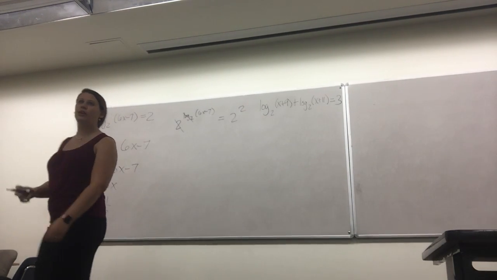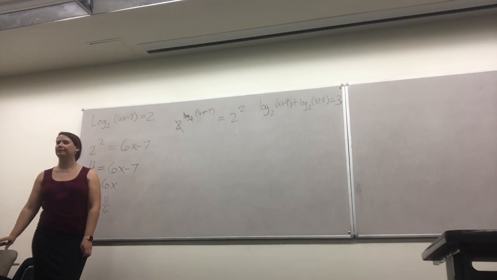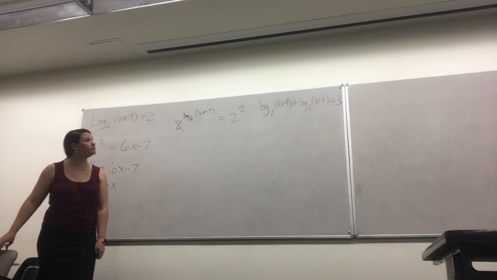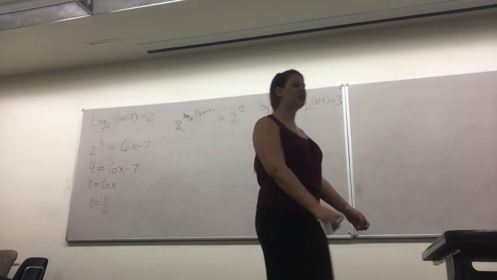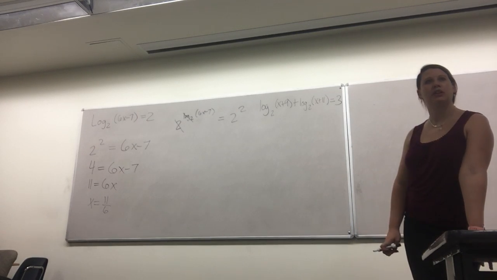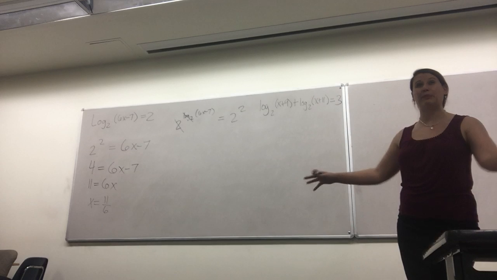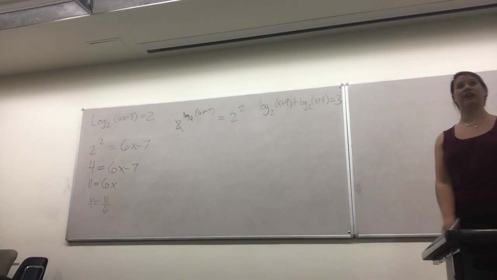So, what should we do with this one? Any ideas? What don't we like? It's always a good thing to think about when you're trying to solve an equation. The logs. We really don't like that there's 2 separate ones and that the other side isn't a log, right?